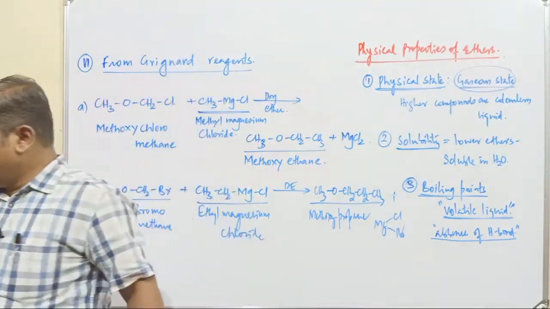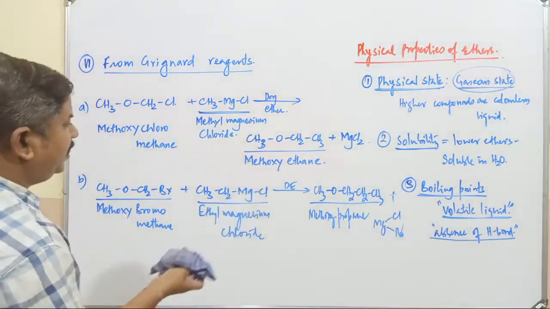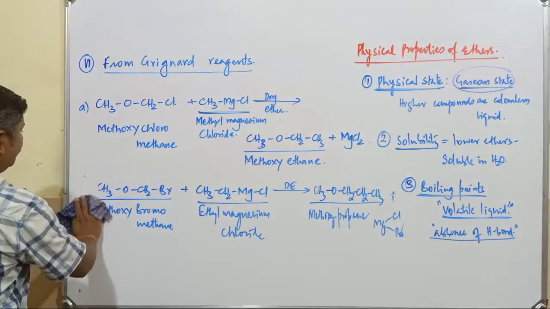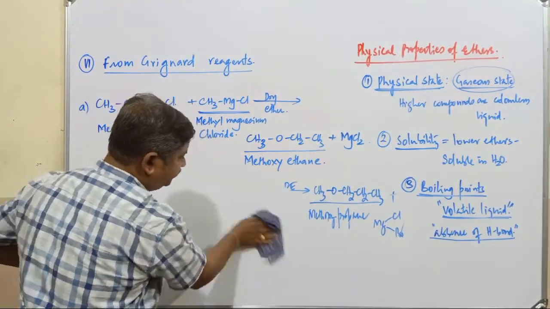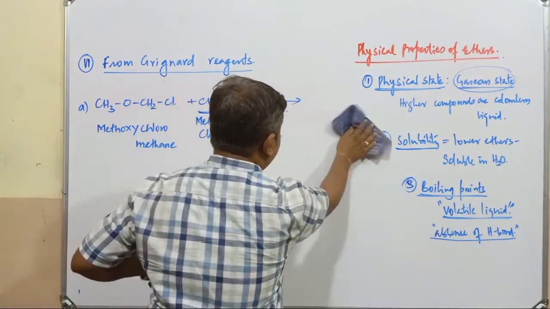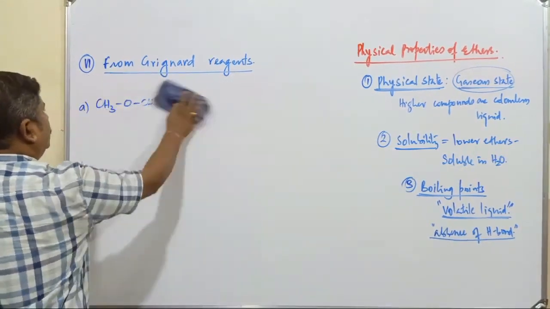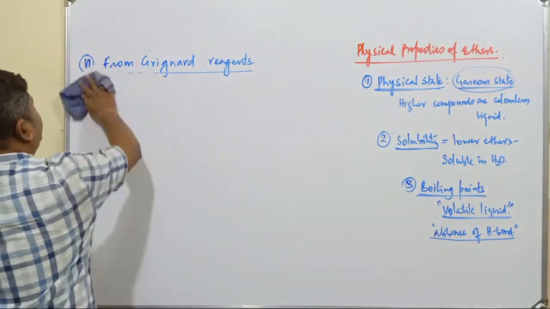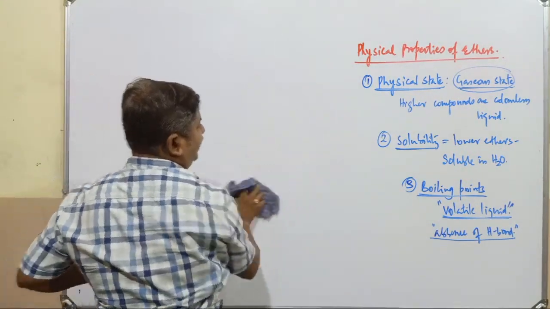Okay, this is about some of the physical properties of these ether compounds. Next, very important, chemical properties we have to discuss. Physical properties are not so important. Next, chemical properties of ethers.